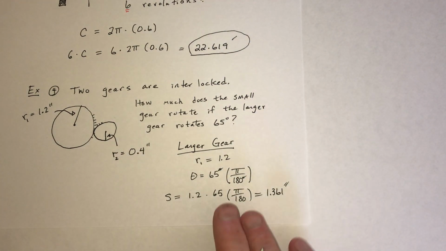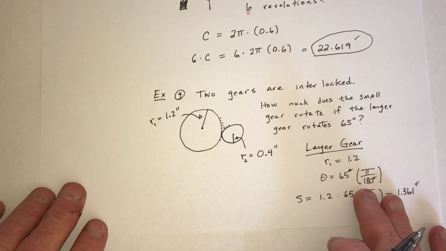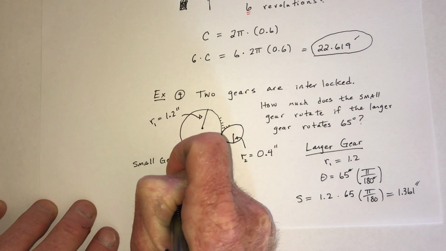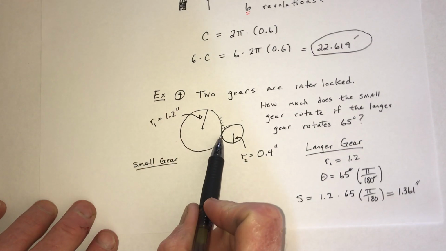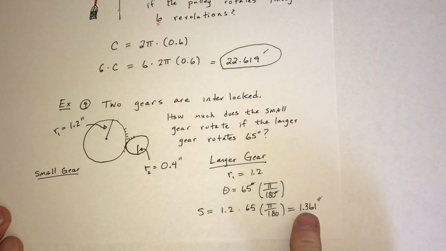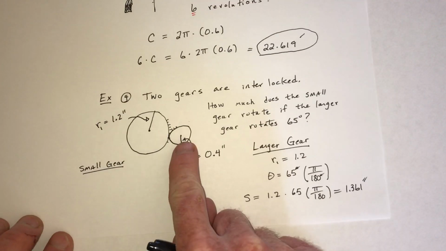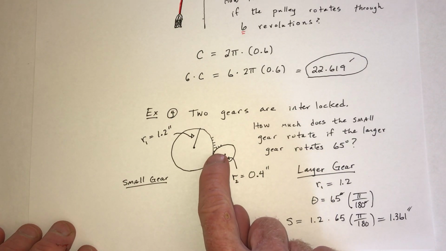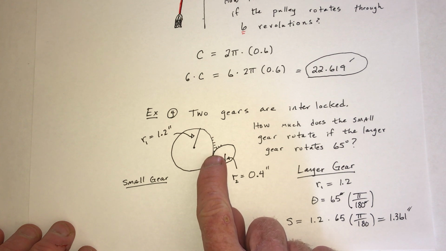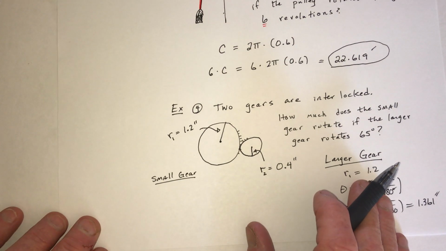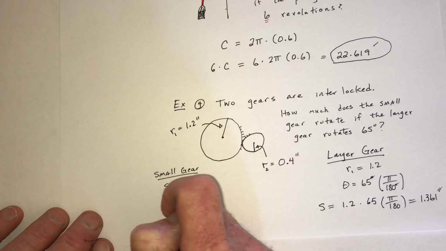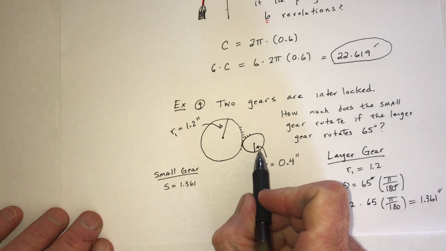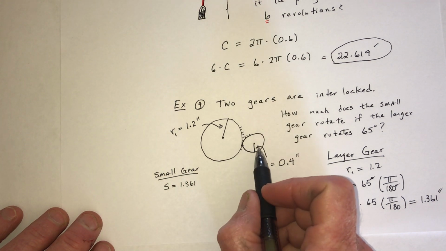All right. Now work on the small gear. Well, because these 2 are interlocked right here, if this one has an arc length of 1.361, then this one's going to have the same arc length because they're touching right there on the outside edge. So I know that for this one, S has to equal 1.361, but this small one is going to have to be rotating faster to keep up with the big gear.